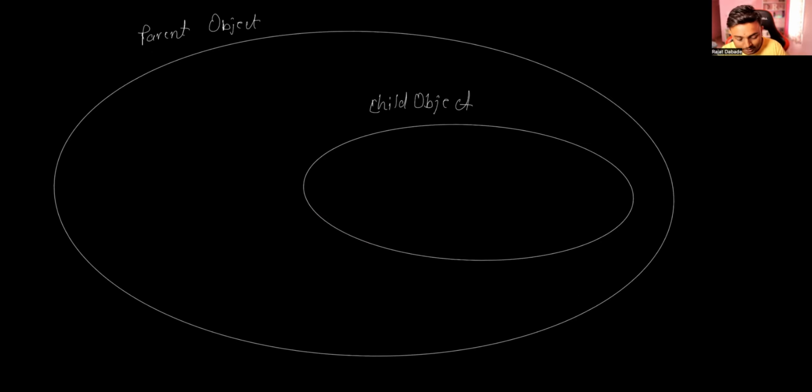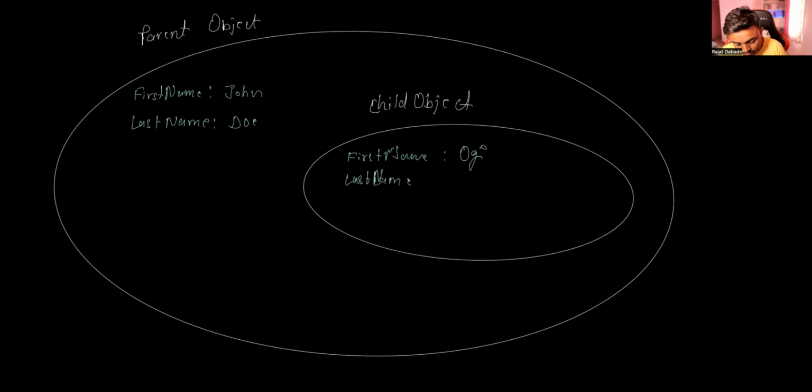The parent object has two properties: first name, which is John, and last name, Doe. Again, the child object has the same properties: first name, which is Ogi, and last name, Doe.